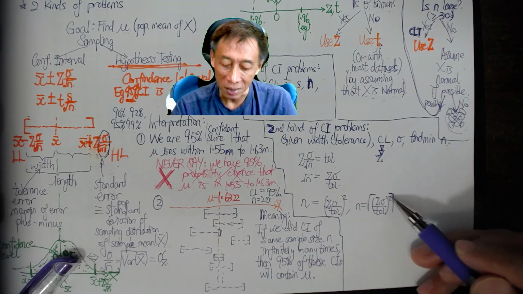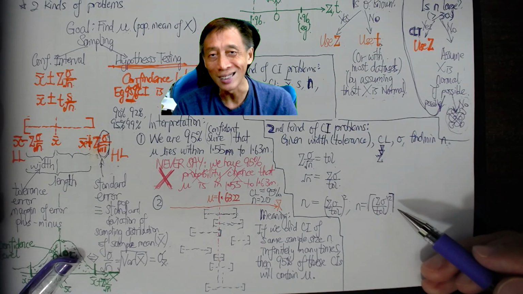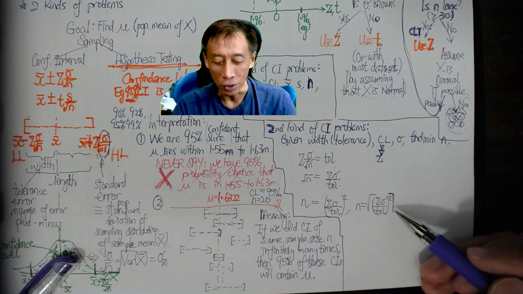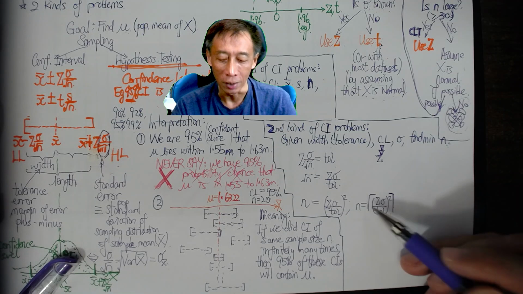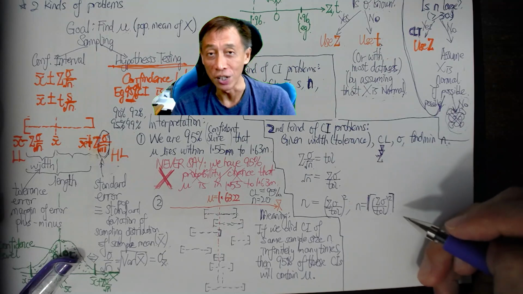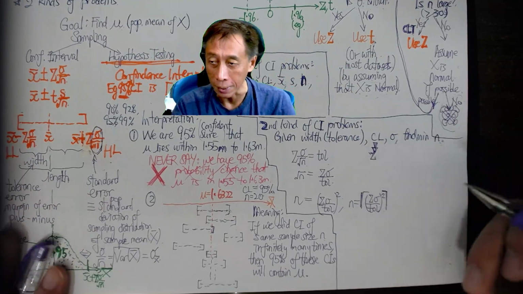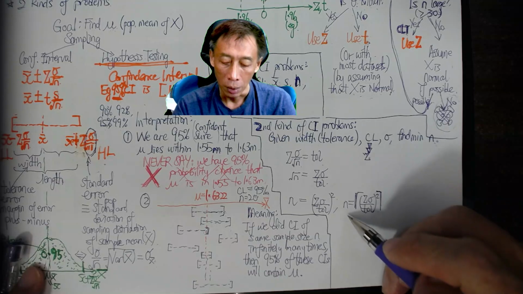This just means take the ceiling of that 76.23, which means the next larger integer than the given value. That's all. It's actually easier to understand in English: the next larger integer. So round up all the time. And that's it. So find the minimum sample size.